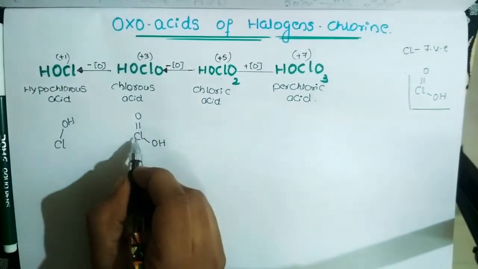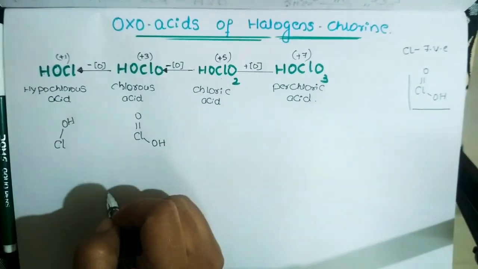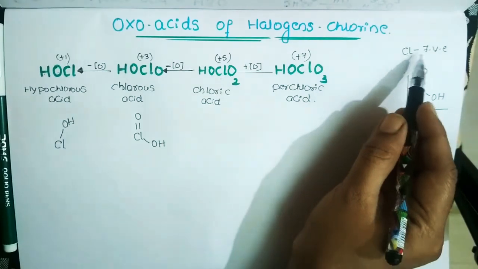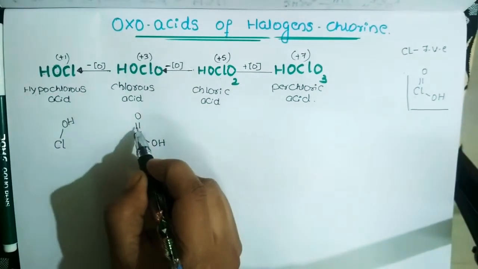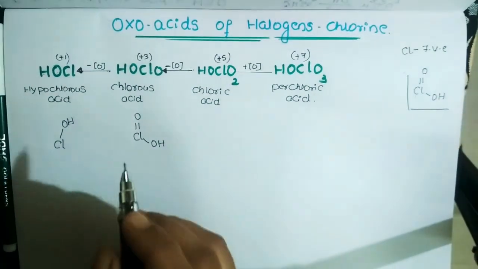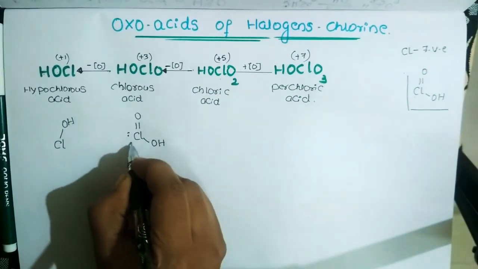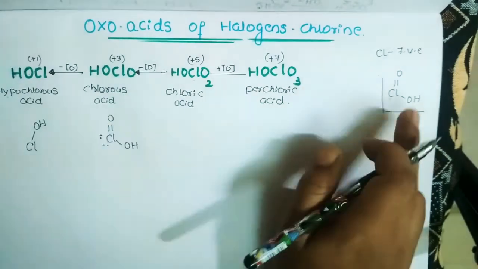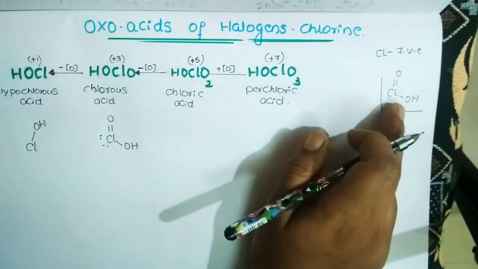There is a presence of a lone pair of electrons on the chlorine atom. Possible bonds should be 7, since there are 7 valency electrons. So here there is a presence of 2, 3 only. Since still there is a presence of a lone pair of electrons over there, this is how the same trick I have applied here.